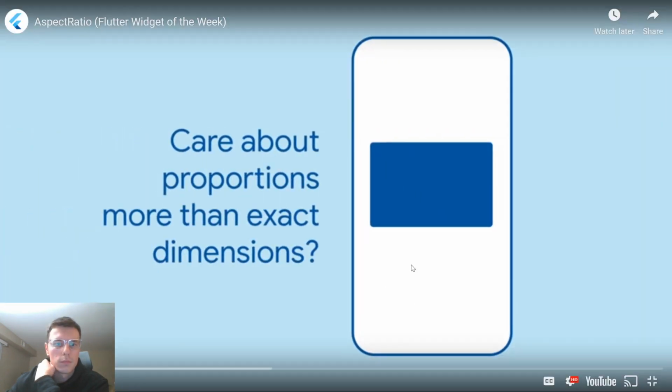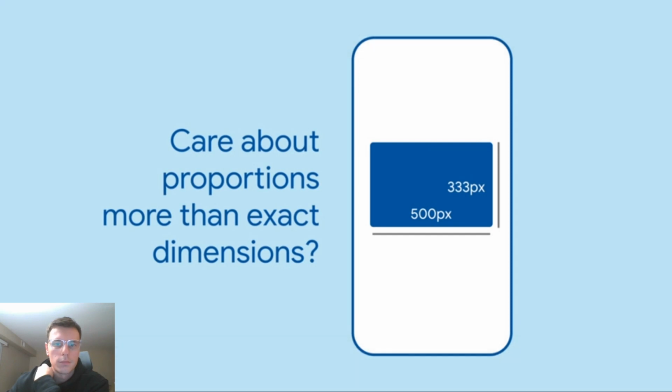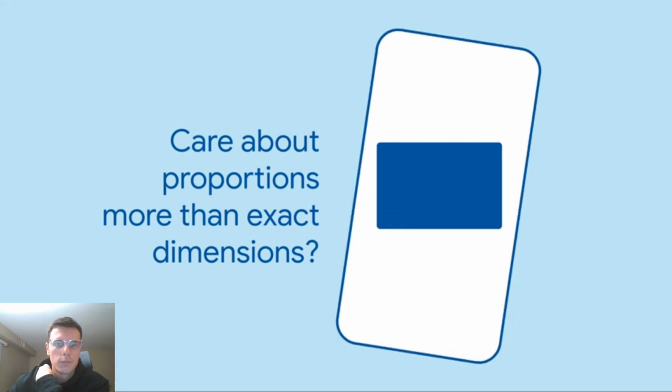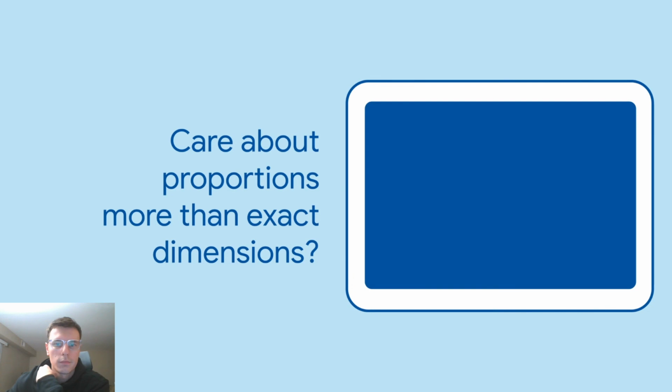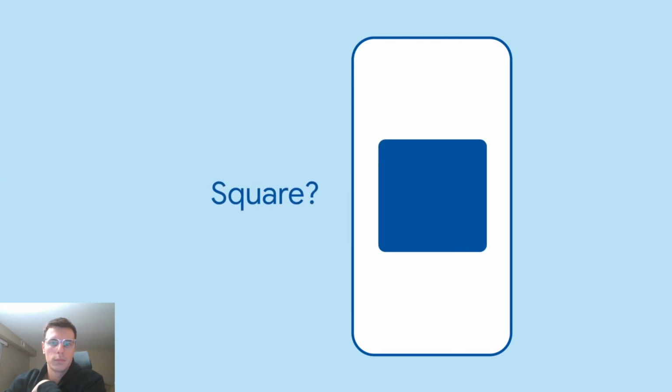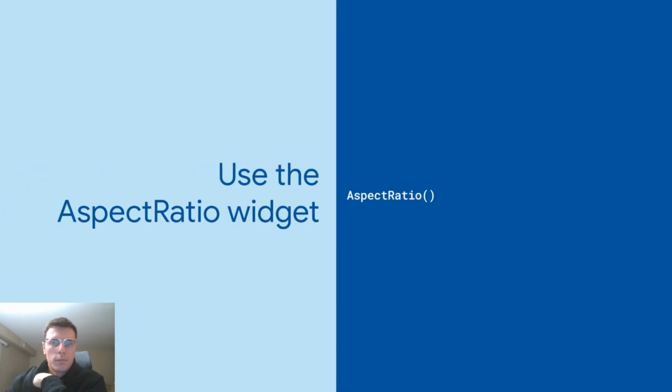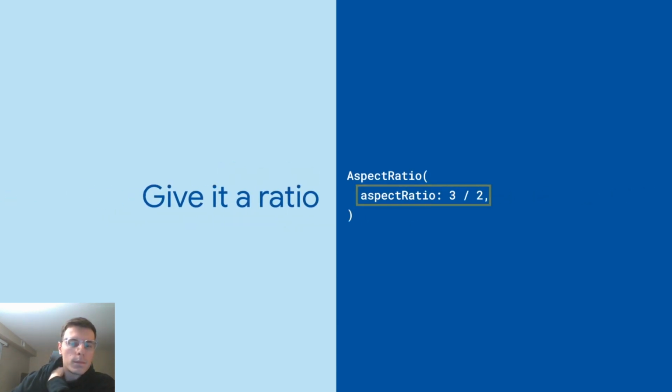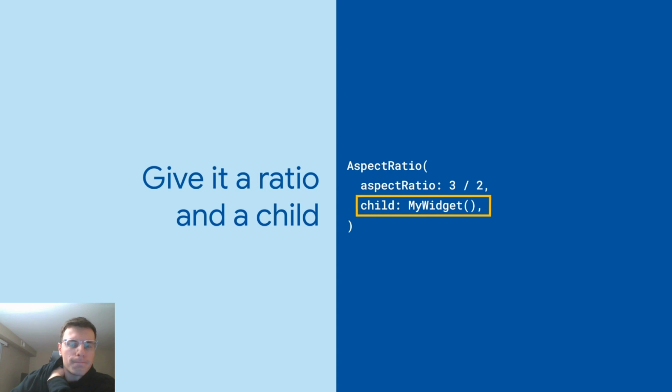When laying out your app, you often don't care about the exact dimensions a widget will take, but you do care about the aspect ratio. You want the widget to be this wide, irrespective of the actual dimensions. Or you want it to be that slim, or exactly square. Flutter solves this by providing the aspect ratio widget. You give it an aspect ratio, a child, and, well, that's it.